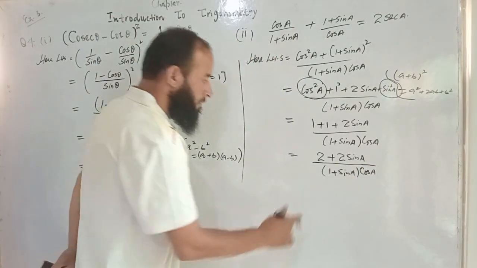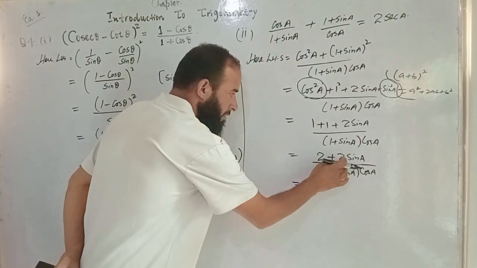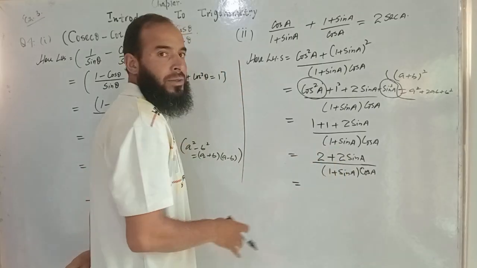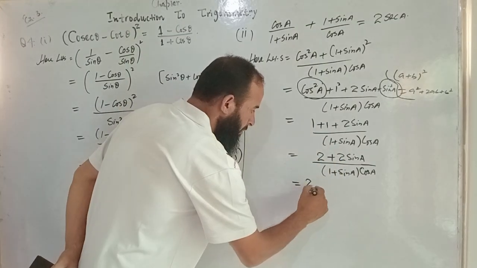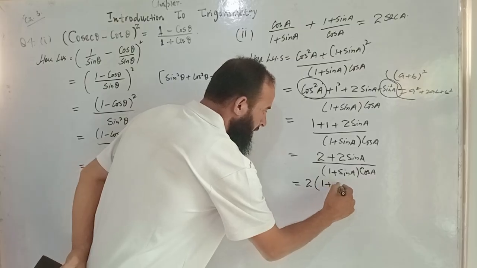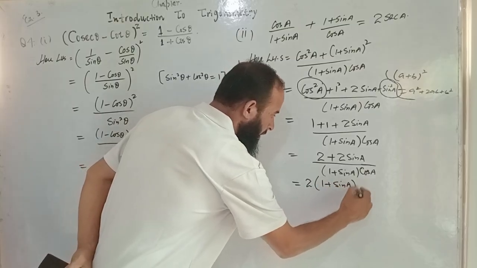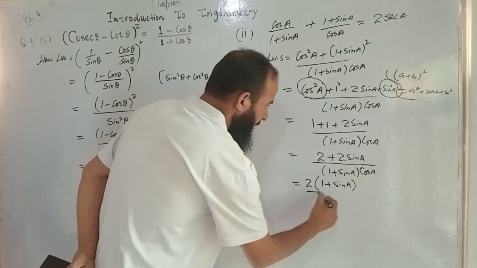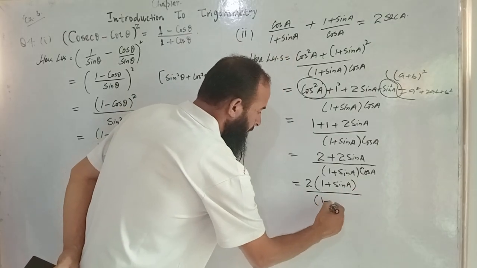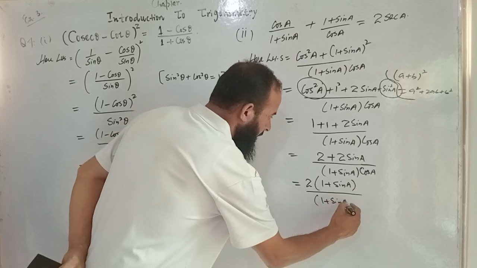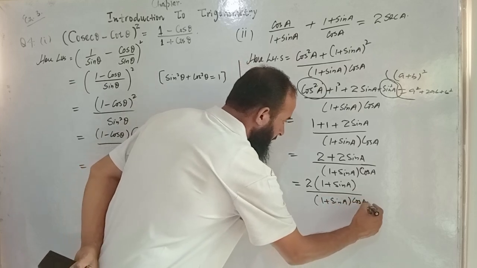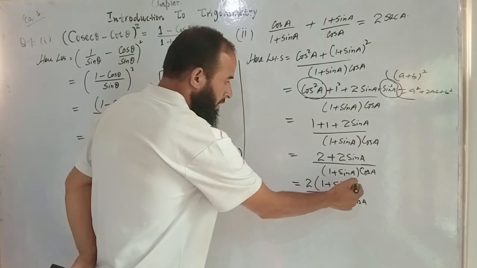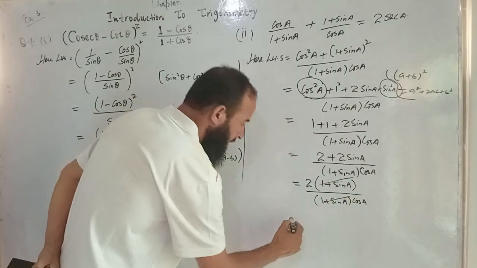Now dear students, we have 2 here and 2 here, so let's take it out. It is 2 into (1 plus sin of A), divided by (1 plus sin of A) into cos of A. Now this term and this term will get cancelled.